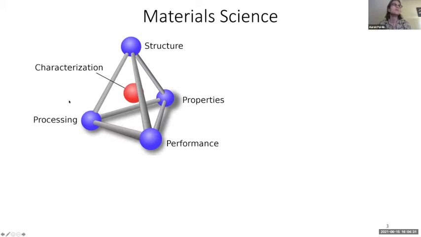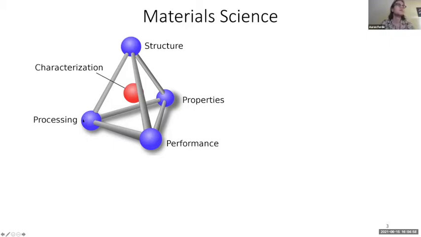It can be visualized as this interrelation between these processes. So you have the corners, which make up structure, properties, performance, and processing. And the way I view this triangle or pyramid is you have structure property relationships for materials which are affected by their processing, so like heating, cooling, and so on.